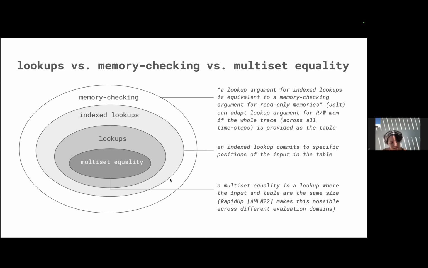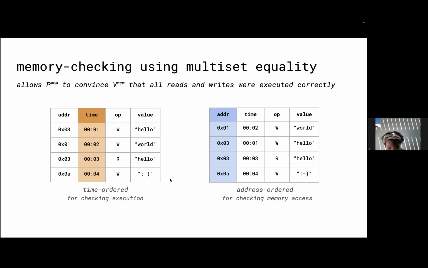And specifically in the context of memory checking, if we're just using a lookup argument, then we're limited to a read-only memory, or a representation of a memory that includes the memory across all time steps. So it's a more inefficient way to do memory checking.